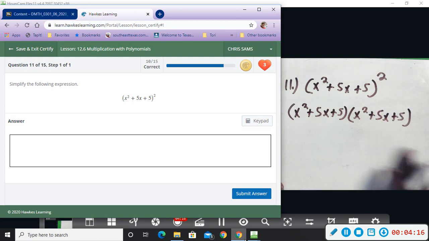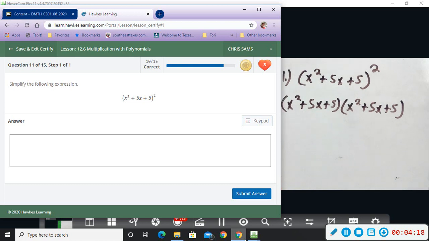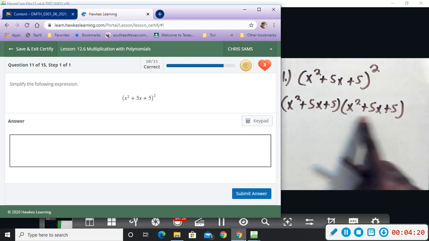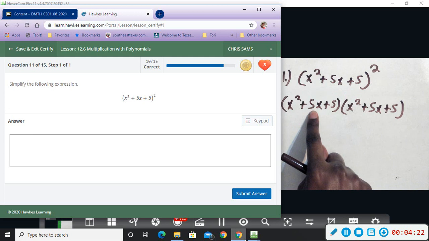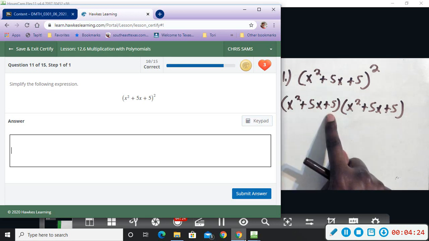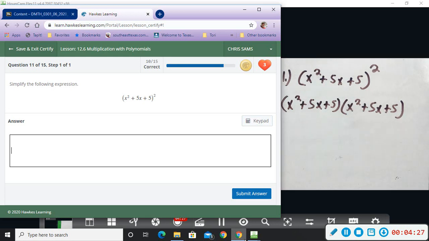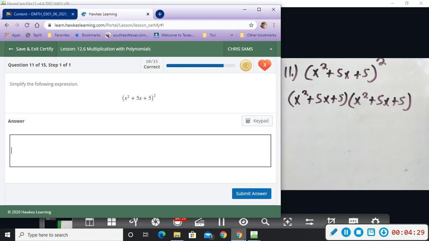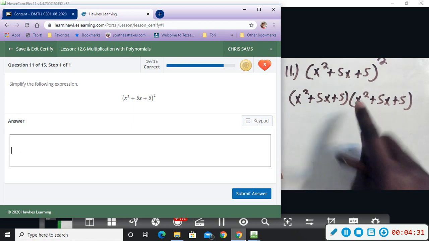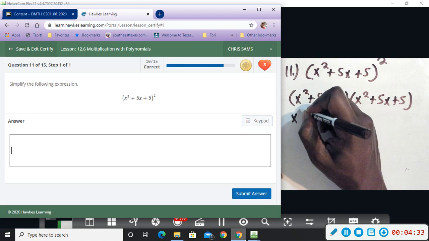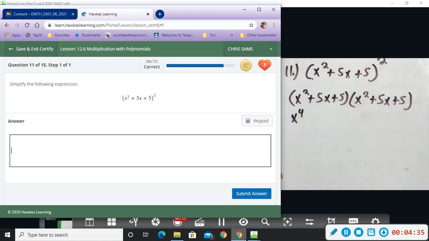Okay, so this is how you work this problem. Now we're going to multiply x squared times everything over here, and then 5x times everything, and then 5. And then we'll line it up and combine like terms. So x squared times x squared, x to the 4th, 2 plus 2 is 4.